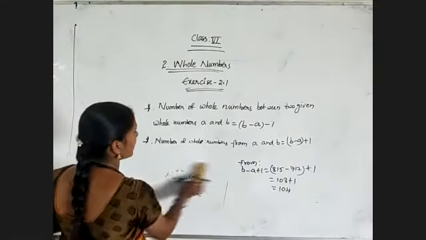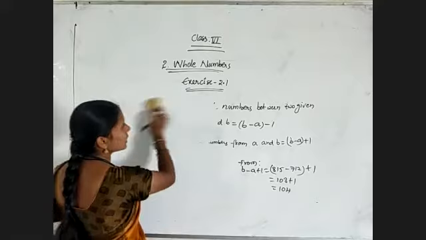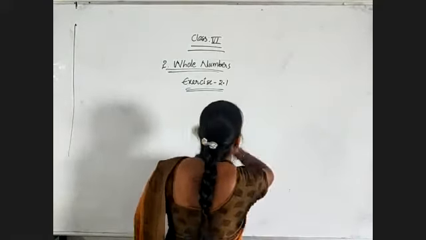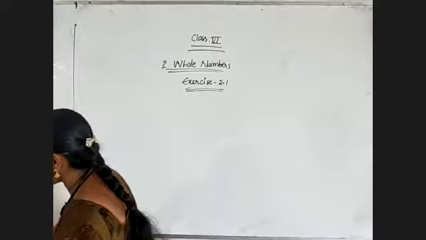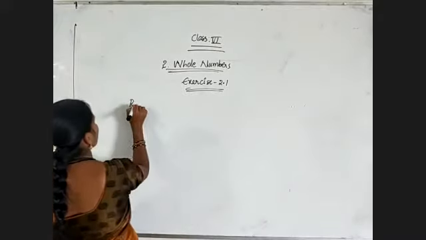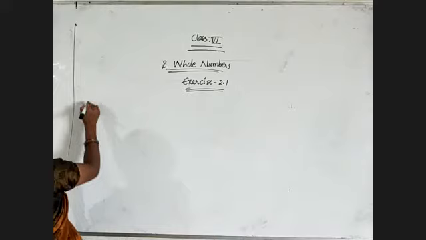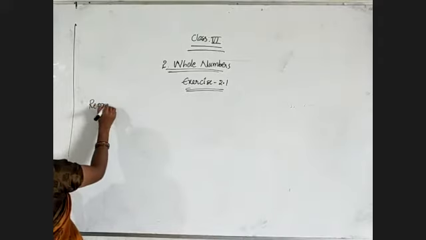Representation of whole numbers on the number line. For that, all the remaining questions depend on the representation of whole numbers only. So, representing whole numbers on the number line.